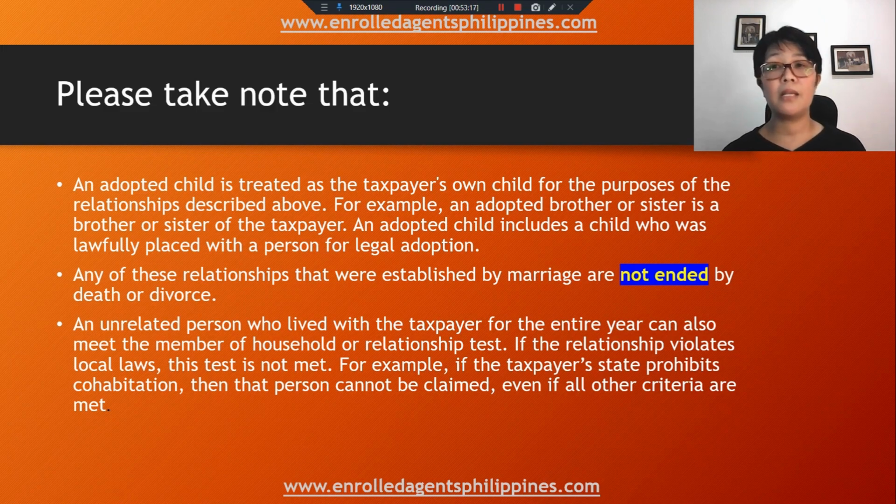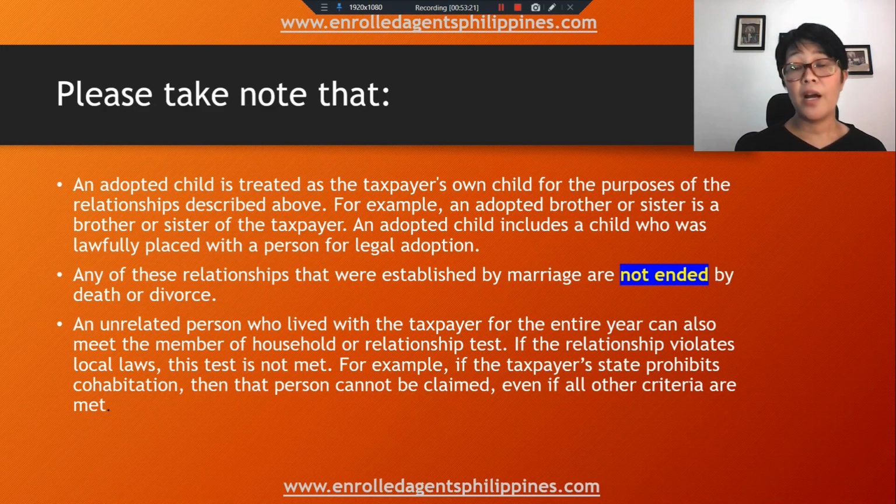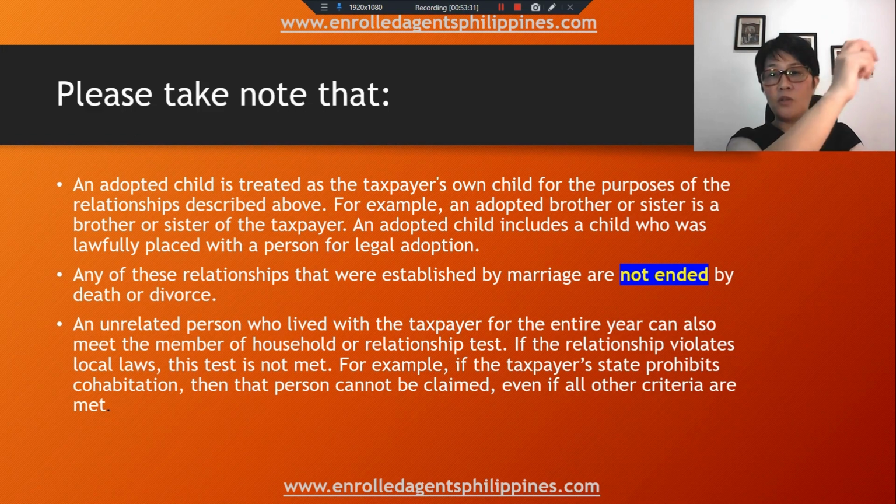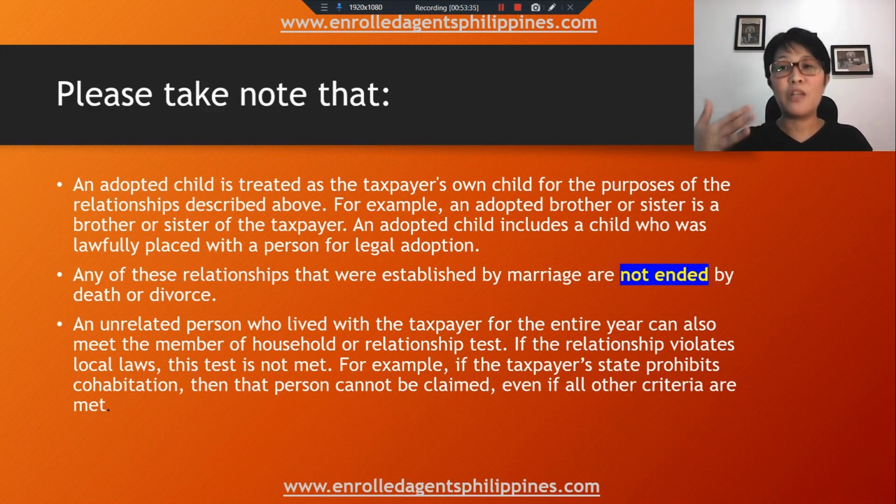Anong ibig sabihin niyan? Halimbawa, mag-asawa kayo, yung asawa mo, syempre meron kang in-laws. So, kiniklaim ninyo dati as dependents yung in-laws ninyo na yon. Now, nagkataon, namatay na yung asawa mo. So, siya yung biological son nung in-laws mo.